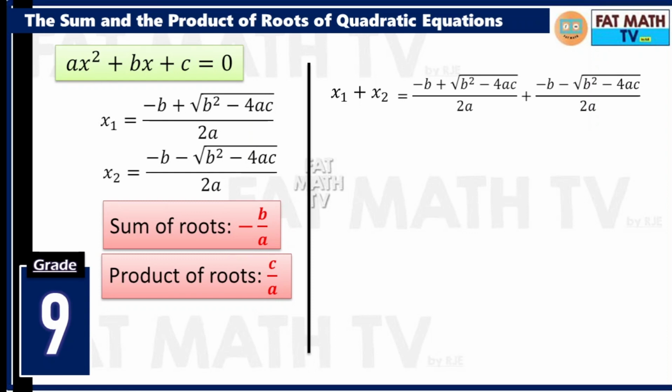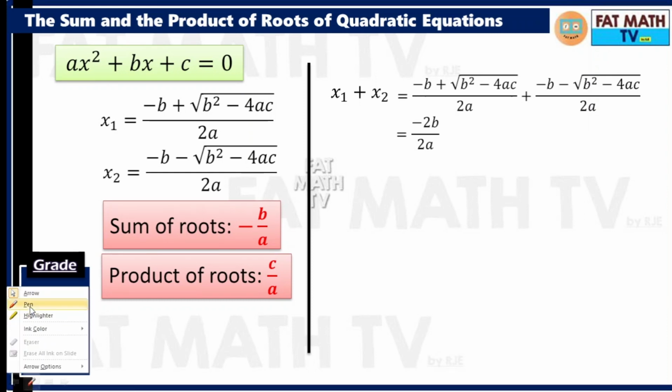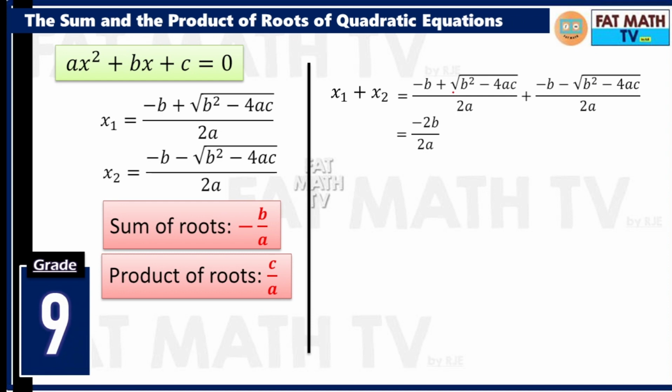And these are similar fractions because we have the same denominator, so we will just add the numerators. So if you add the numerators, as what you can see here, we have negative b and negative b, and then positive of this whole thing plus its negative will be 0. So negative b minus b is just negative 2b. Okay, so this positive square root of b squared minus 4ac and the negative of the square root of b squared minus 4ac will just be 0.